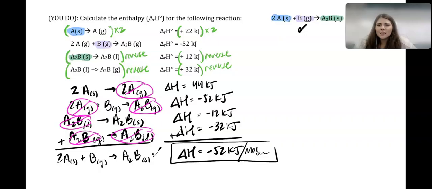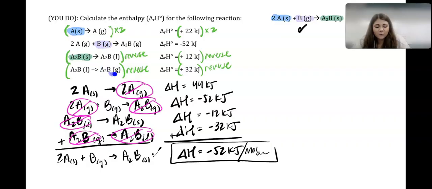Now, before you neglect the last equation, there's probably a reason why it was included, to cancel out any of the other species. And so I noticed that right here we had A2B gas. Now down here I see A2B gas as a product, okay? Well, I cannot manipulate this equation because I have exactly where my B needs to be as a reactant.